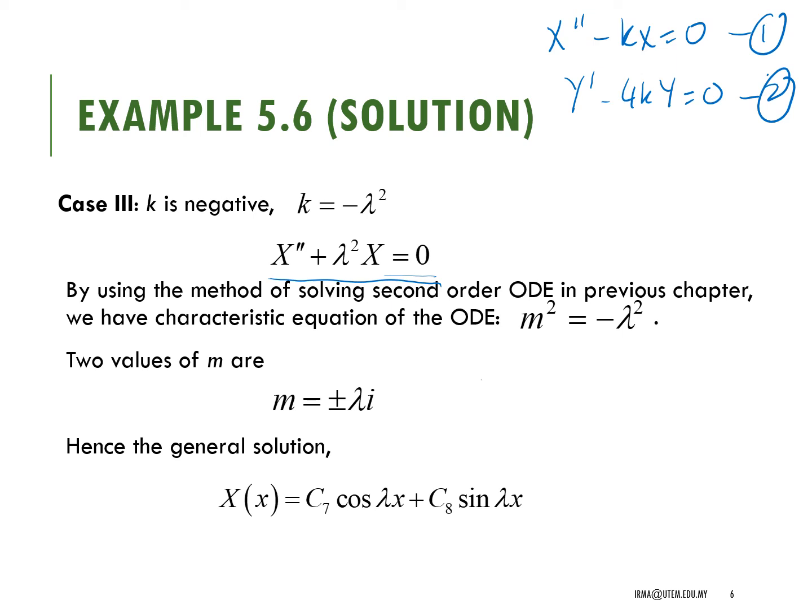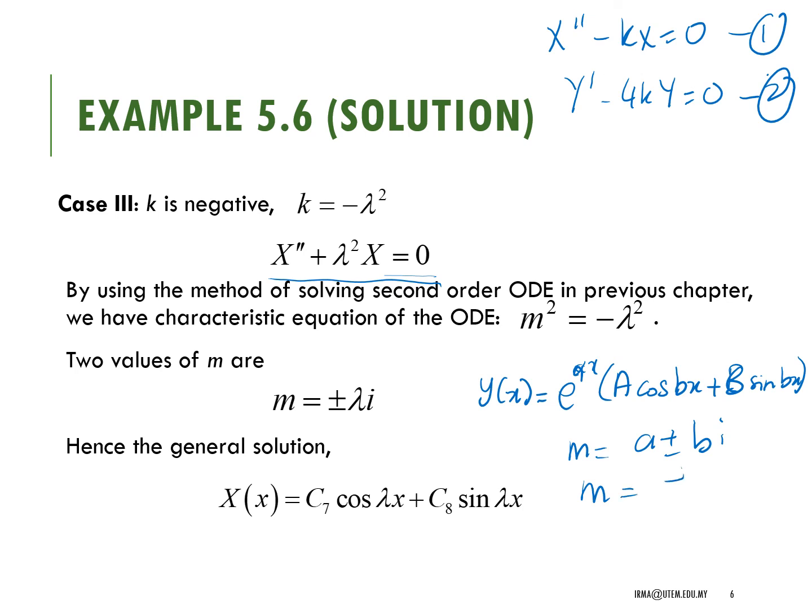We just use the general formula, exponent alpha x multiplied by a cos bx plus b sin bx, where we have the root as a plus minus bi. Since our m is equal to plus minus lambda i, our a is 0 and our b is lambda. That is why you get this as the general solution.